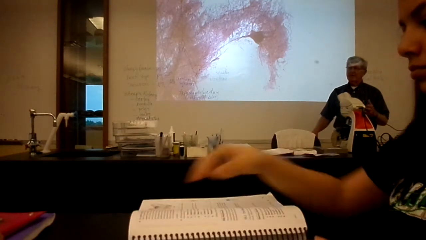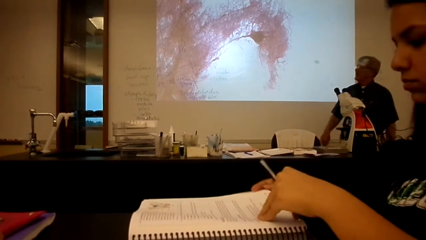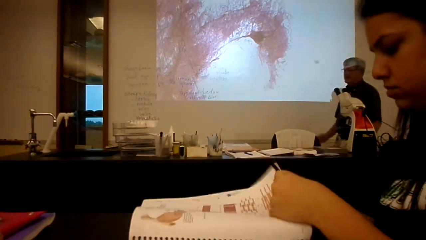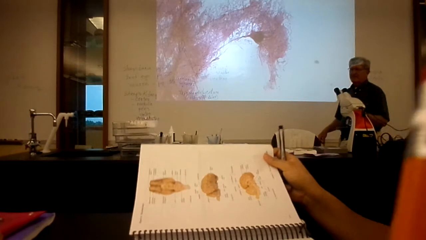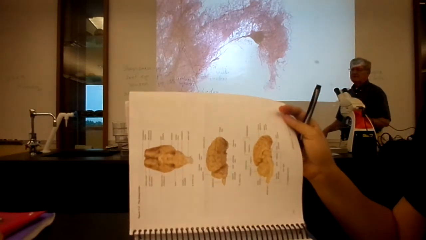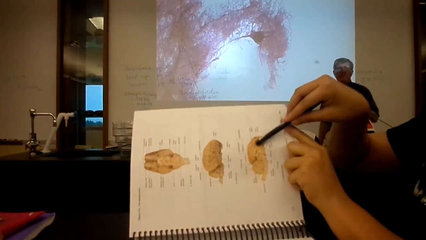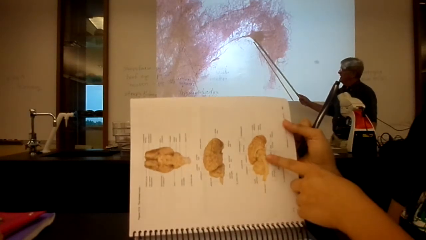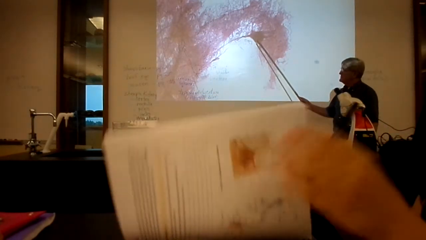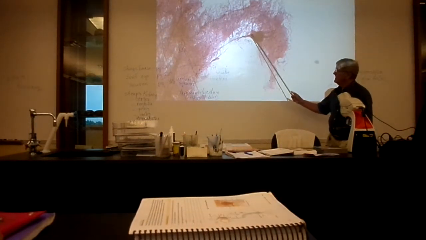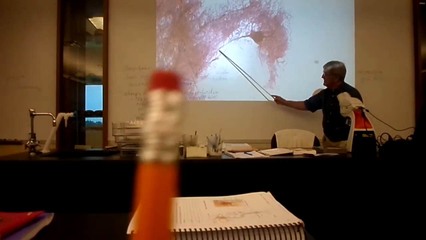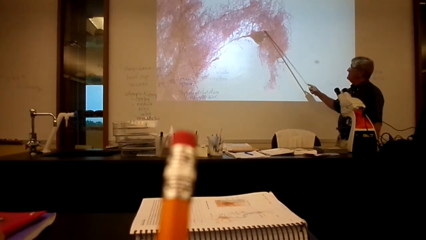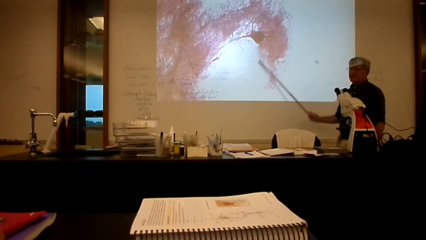Now the other parts of the neuron are cytoplasmic projections. Think of them as being something like the pseudopods on an amoeba, except they are not contractile. And I selected this example because you can clearly see that there is one long projection here, and there are multiple ones here.